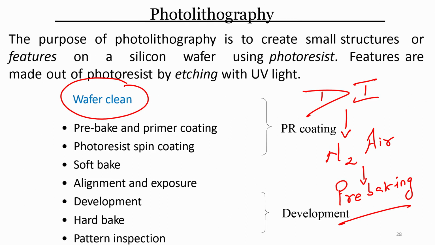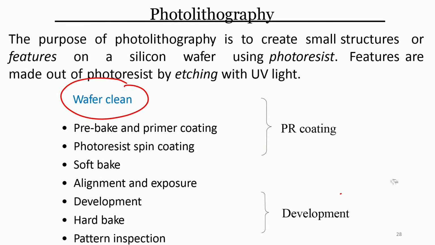So, what is the process? First you perform the HF dip, then rinse the wafer with DI. After rinsing, dry the wafer with nitrogen. After drying, pre-bake the wafer to remove any moisture. After this, your wafer is ready for photolithography.